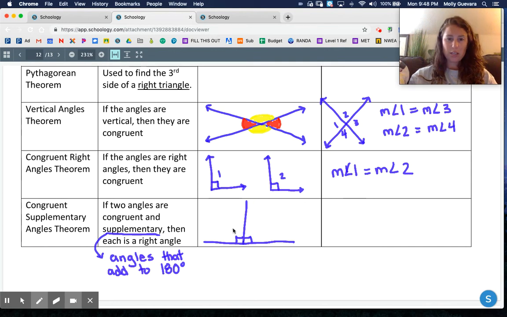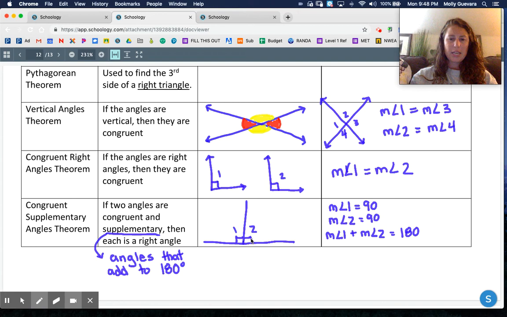So if this is angle 1 and this is angle 2, we can say that the measure of angle 1 is 90, and the measure of angle 2 is 90. So then therefore the measure of angle 1 plus the measure of angle 2 is 180.